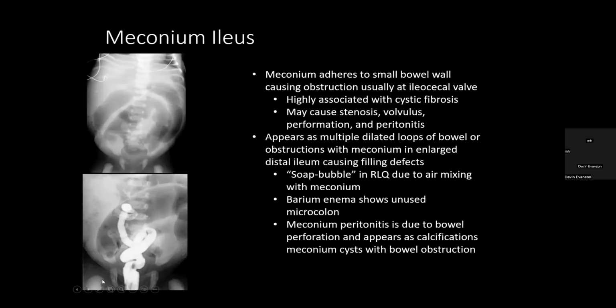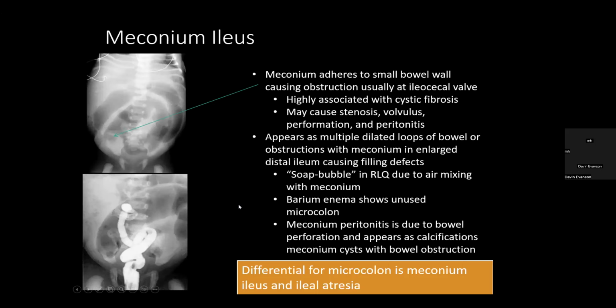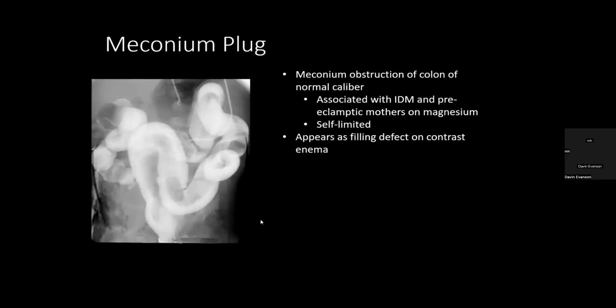Okay, so some lower GI things, meconium ileus, soap bubble in the right lower quadrant. Again, we're looking for complications in making the diagnosis. Meconium plug, often associated with diabetes, preeclampsia, so hopefully you have that history, but you get these big filling defects, and if you've ever cleared one of these, it's quite amazing.